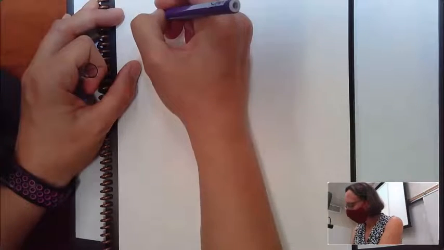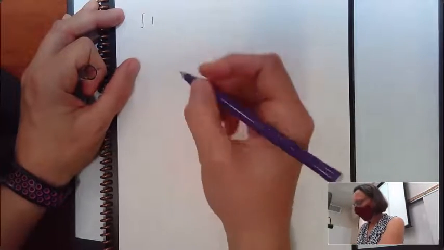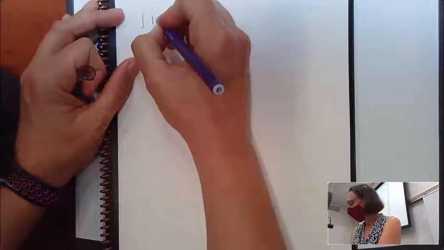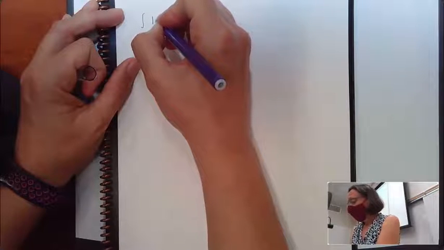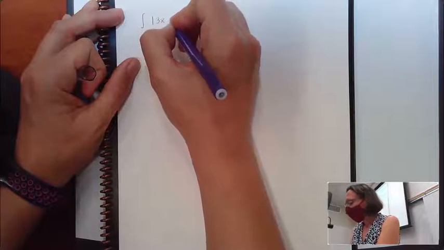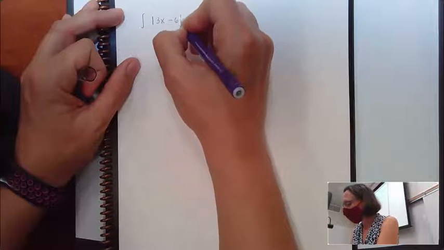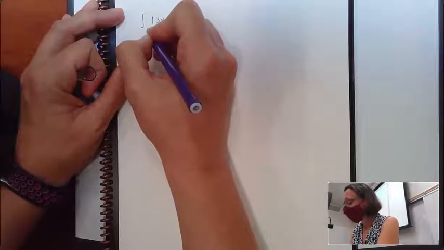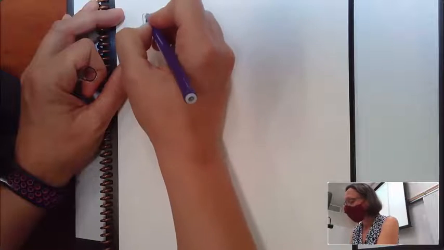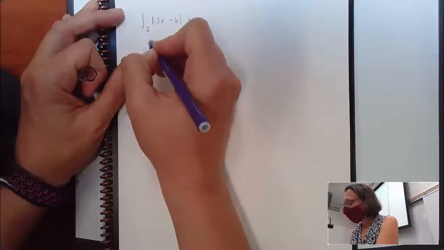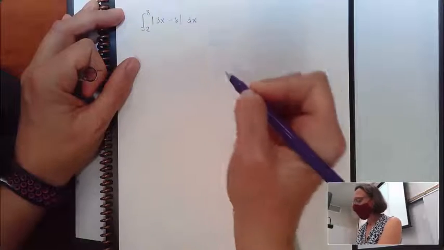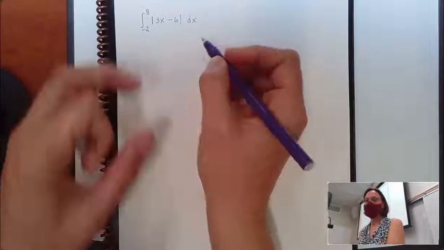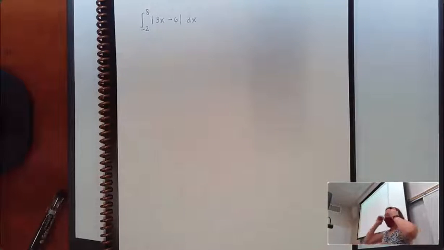So I'm just going to make something up: the absolute value of 3x minus 6 dx, and I want to integrate this from -2 to 8. There's a long way to do this, and then a longer way to do this.